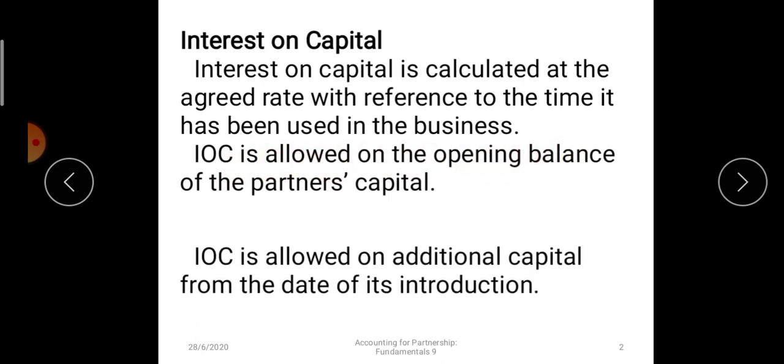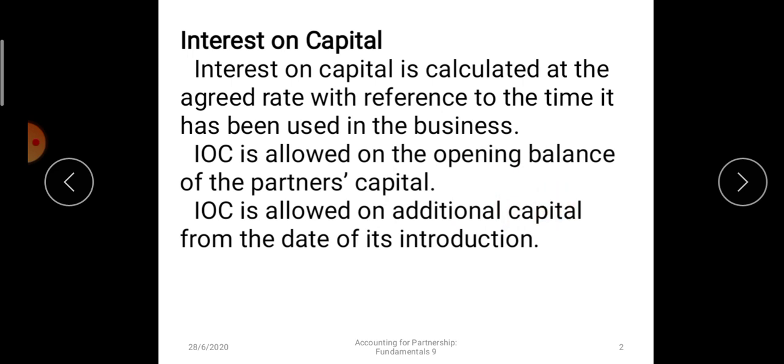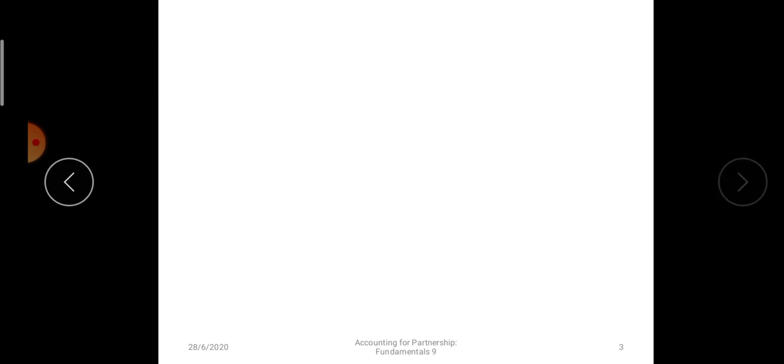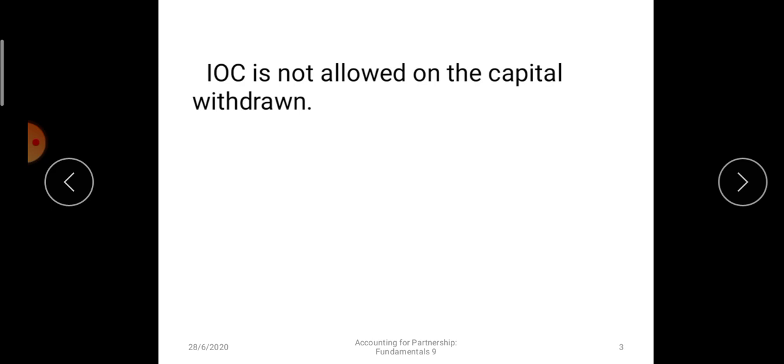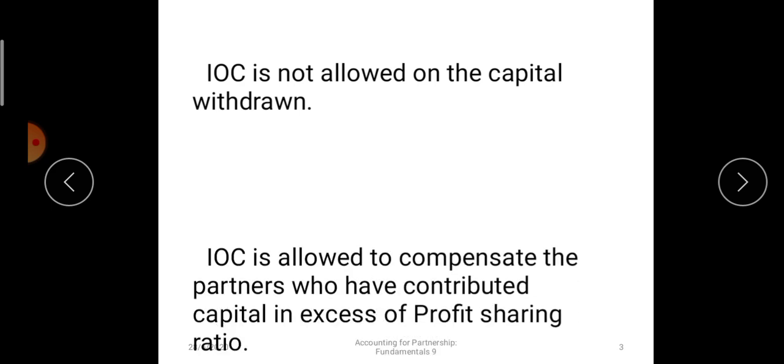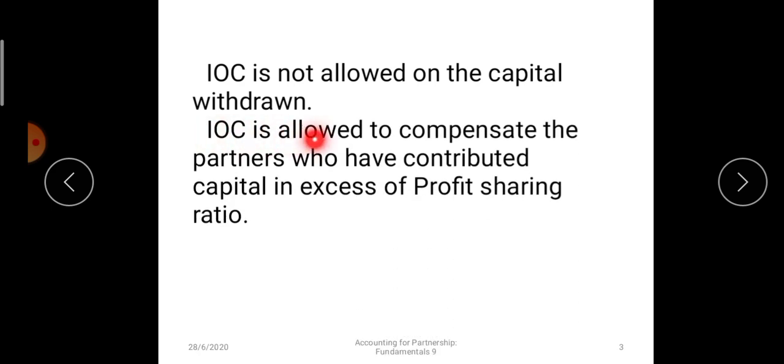If additional capital is introduced for a particular duration, interest on capital will be allowed on that extra amount. On the capital withdrawn, interest on capital will not be allowed. Interest on capital is allowed to compensate the partners who have contributed capital in excess of their profit sharing ratio.